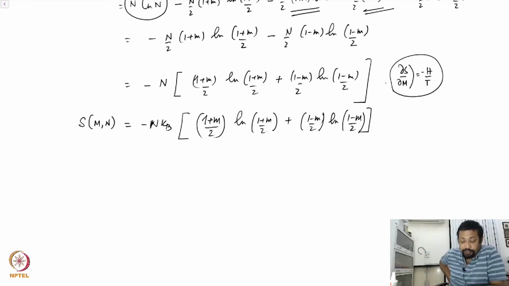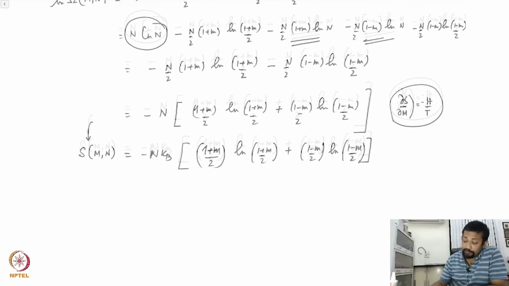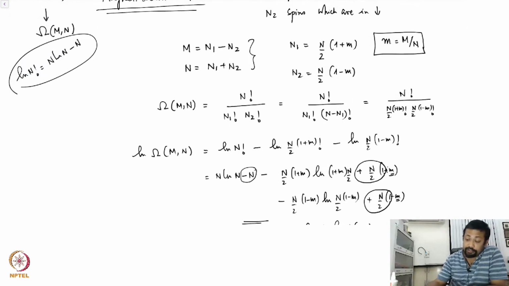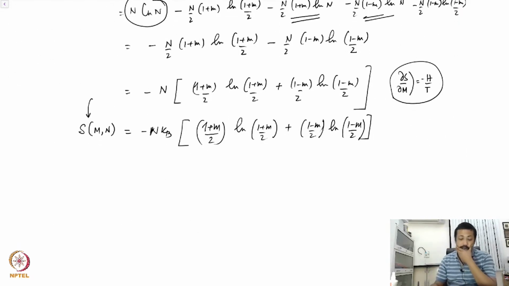Now clearly what we see over here is that this entropy has no energy in it, because when we started off we said that we have just n spins and these spins can flip, and we did not even specify any interactions, so the spins flip independent of each other. Now I want to specify that the flipping of the spins is dictated by interactions.